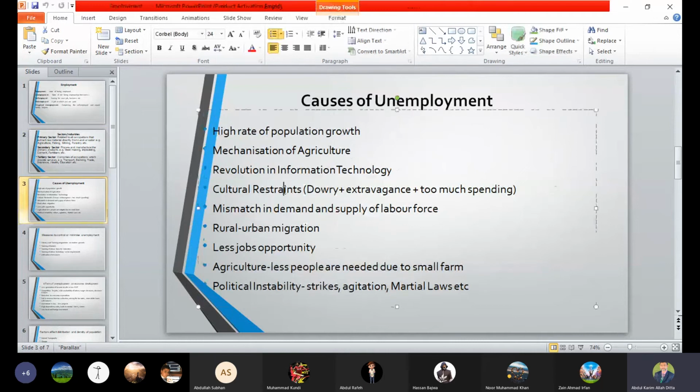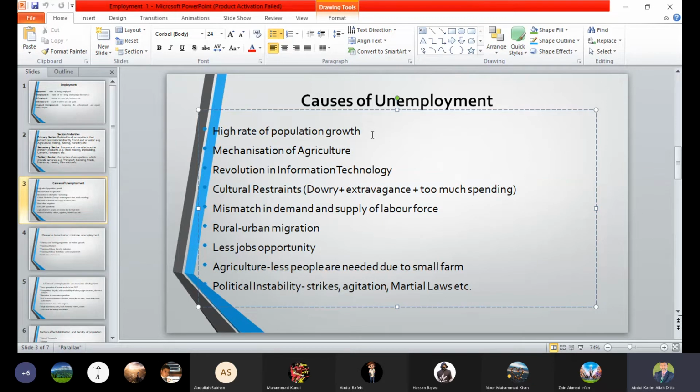Now, causes of unemployment, beta. Why do we have more people jobless in the country? Number one, high rate of population growth.